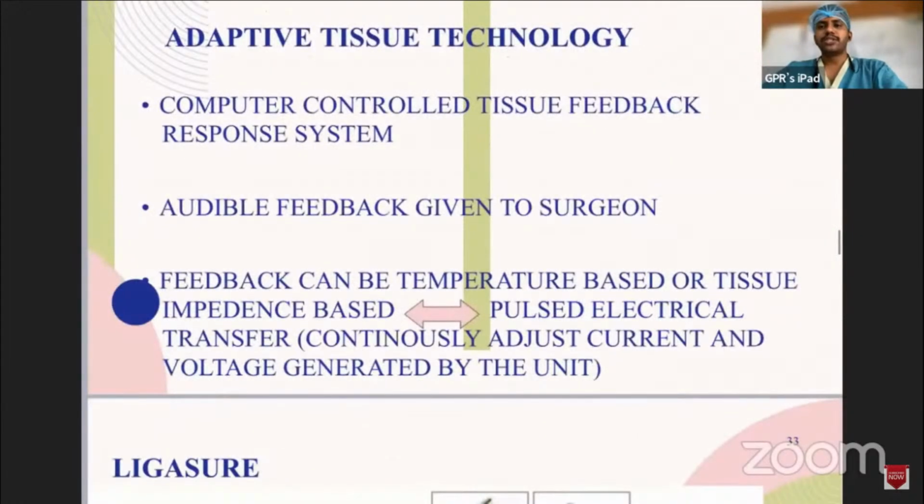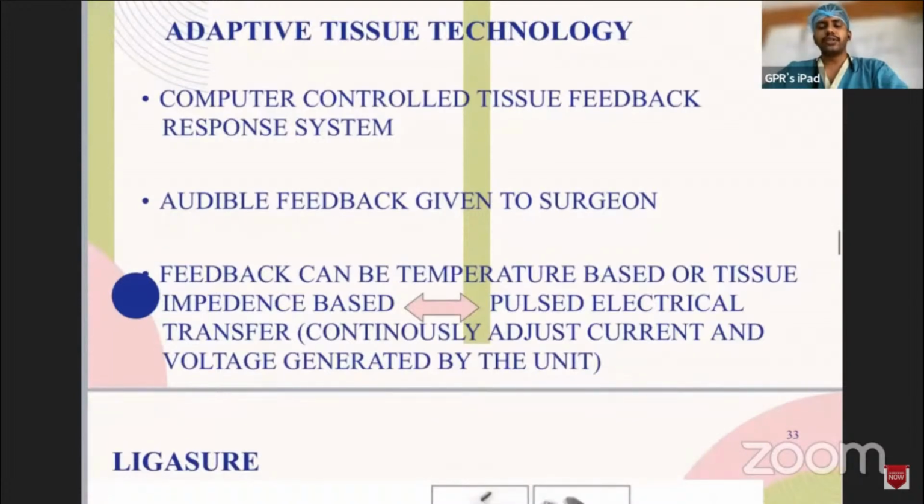Next we come to adaptive tissue technology, which has a control feedback mechanism, something like what we can even call an AI mediator. Sometimes it gives audio feedback to the surgeon, stating that the required amount of energy has been dissipated and the tissue has already been necrosed. No need to use the energy anymore.